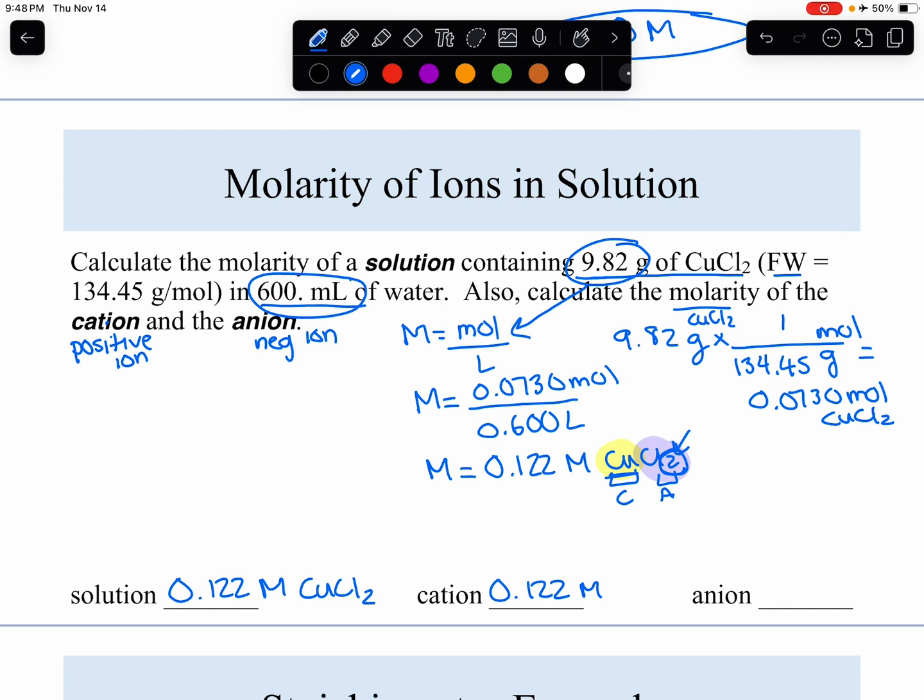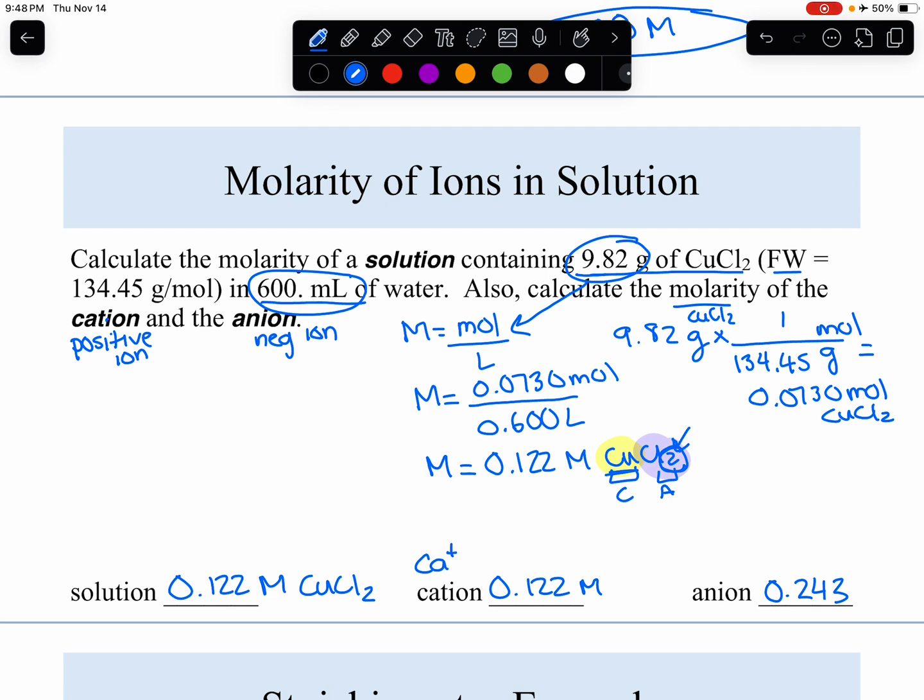So basically, you just multiply by the subscript. When I take 0.122 times 2, I get 0.243 molarity. And so the cation in this case is the copper plus 2. You don't need to write this, but I'm just showing you the chlorine is a minus 1. Since there are 2 chlorines, we multiply by 2. Since there is 1 copper, we keep it the same as the molarity.